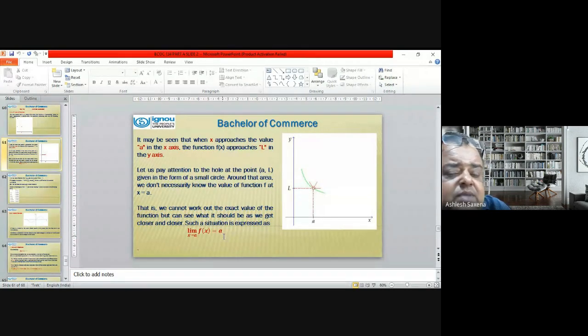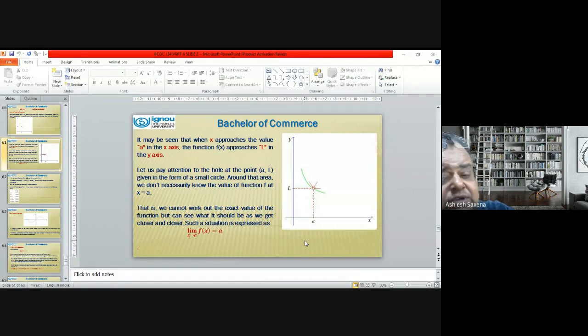If we look at the point A, you can see that there are a number of points which are on this curve. Now we have to restrict these. We cannot work out the exact value of the function, but we can see what it should be as we get closer and closer.